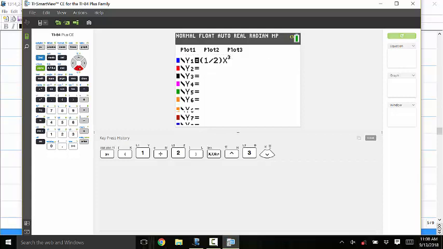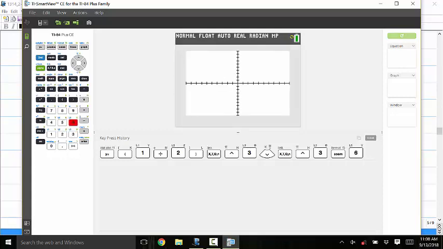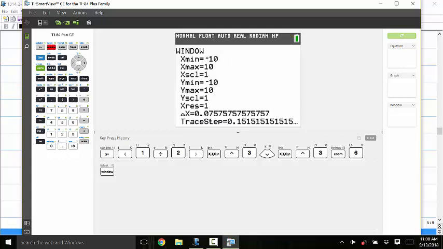And then in the red, I'm going to put just x cubed. I'm going to play with the window just a little to get rid of some of those x's and spread it out.